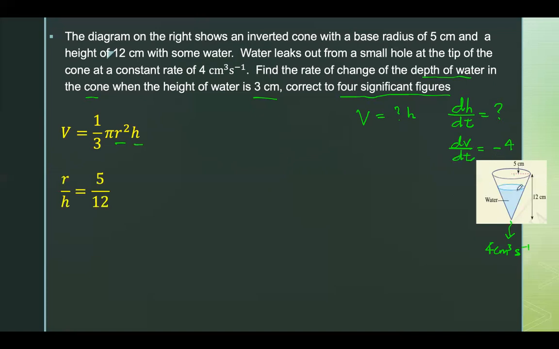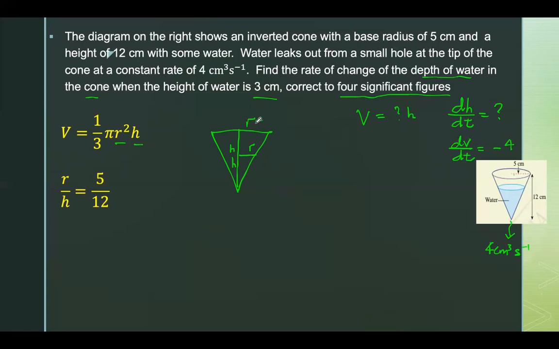If I draw it as a triangle, this is R, this is original, R and H. This is a whole cone, right? So we need to find out when there is the R here and the H here, what is the ratio? Okay, what is the relation?